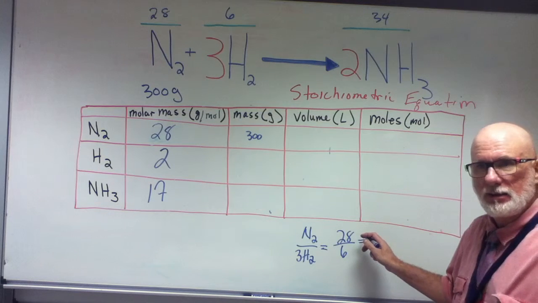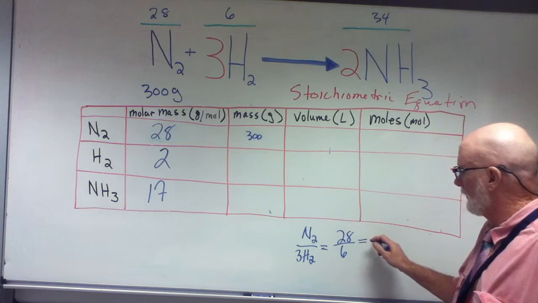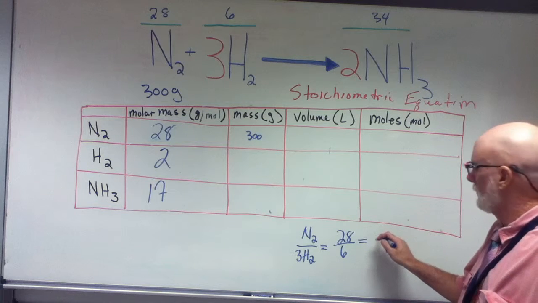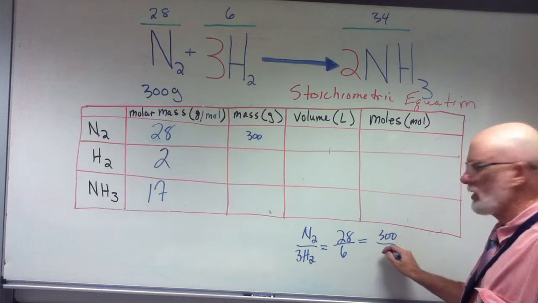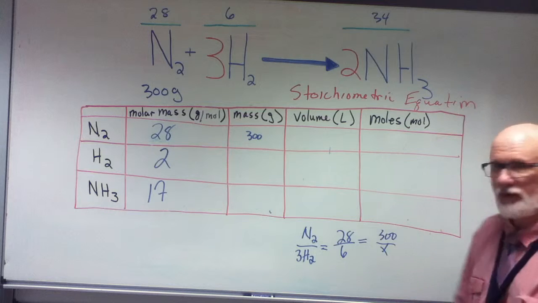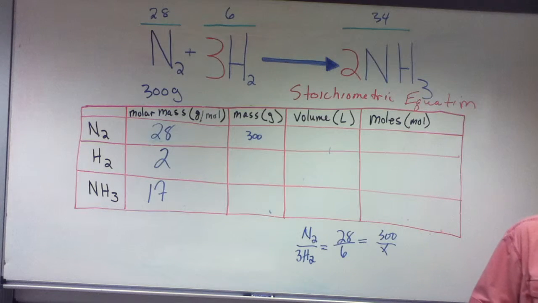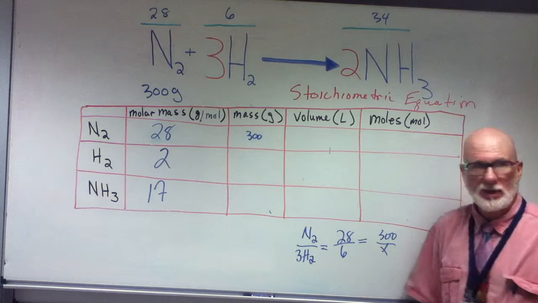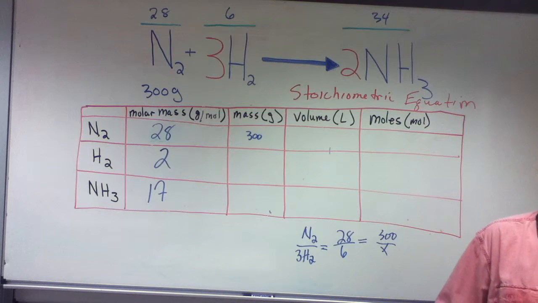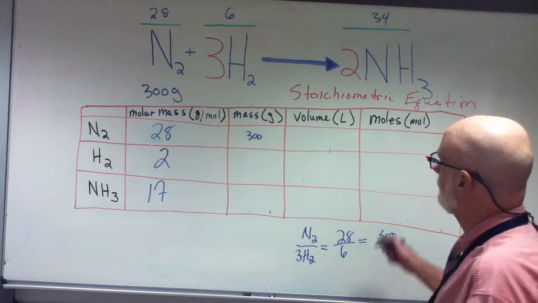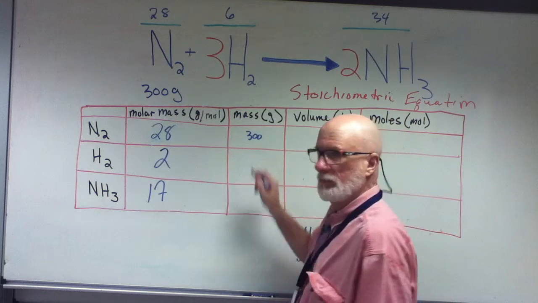And that's going to be what? What's given? 300. 300 over x, right? Solve for x. 6 times 300, 1800, divided by 28. Figure by 30 and you get about the approximate answer. What is it? 64.2.